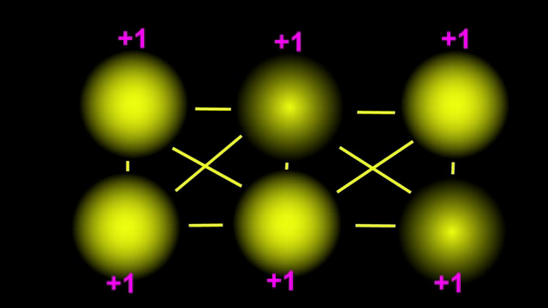When plasma is compressed, it is compressed against the repelling force of the protons to one another. When the pressure is released, the repelling force drives the entire complex apart explosively.